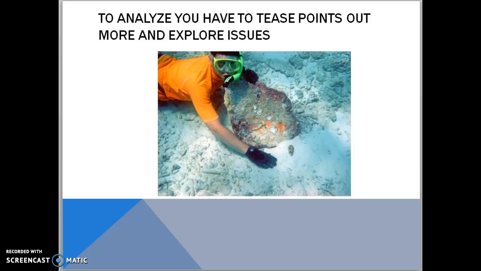In order to analyse effectively, you have to tease out points and explore issues. And this is often a comment again that I write on assessments, where I might see a student writes one sentence and I think, oh, that's a really interesting point, but they don't defend it. They don't keep going with it. And it's as if they are cautious or unsure that they have a valid argument to make, but you must explore issues in order to be able to analyse them.